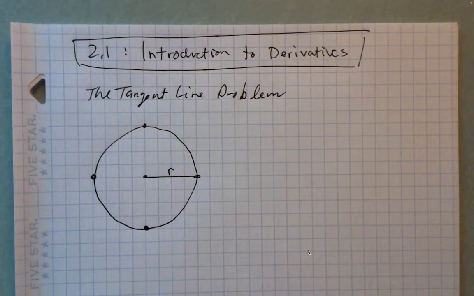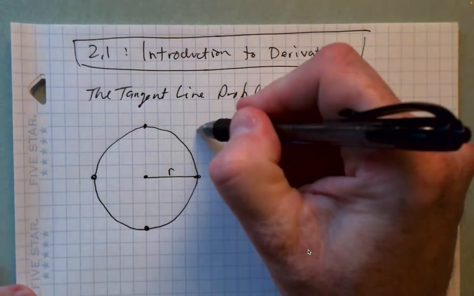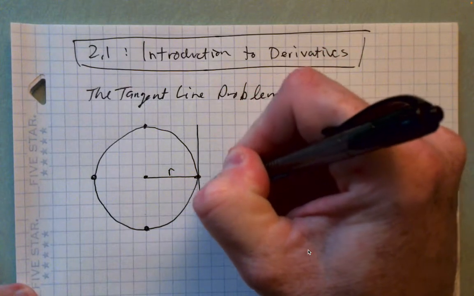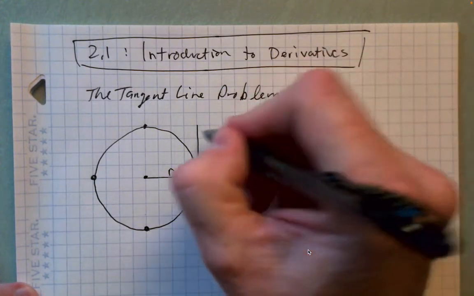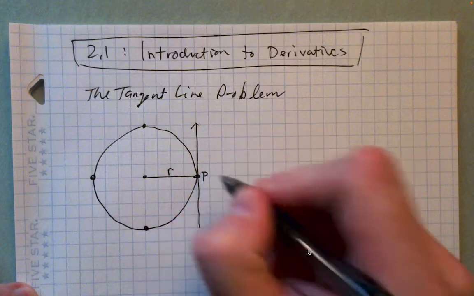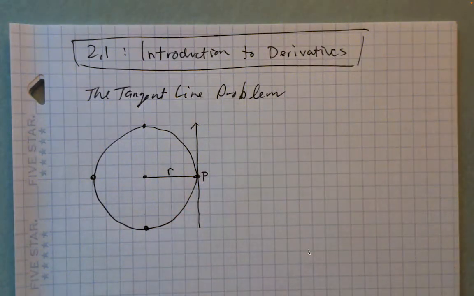Now, in the case of a circle, a tangent line is an easy concept. So we would say that there's a tangent line here, at the point P on the edge of the circle. In the case of the circle, the line that is tangent to the circle at a given point, in this case P, is going to be the line that is perpendicular to the radial line at that point.